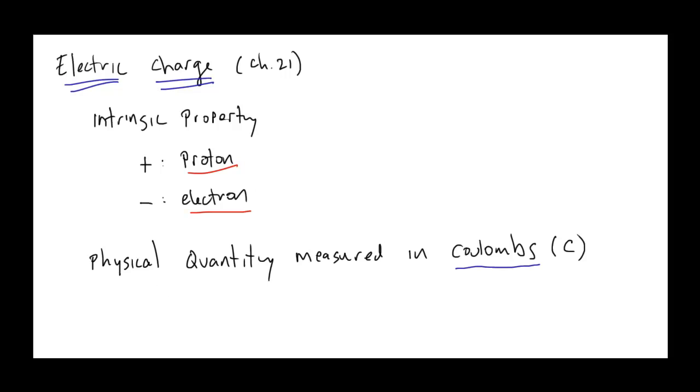To give you an idea, the amount of charge on a proton or an electron, something known as the elementary charge, so this is E, which is defined as the elementary charge.